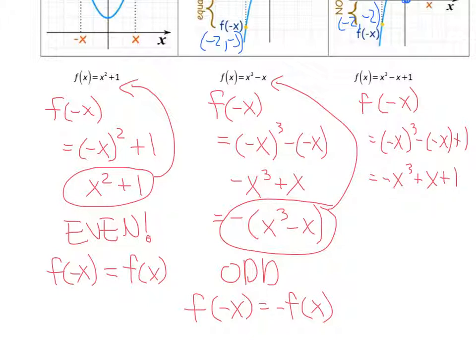Now in this function, the first term changed to its opposite, the second term changed to its opposite, but the last term stayed the same. So this would be neither. To be even or odd, you either need your whole function to stay exactly the same, or you need the whole function to be the opposite. And if that doesn't happen, it's neither.